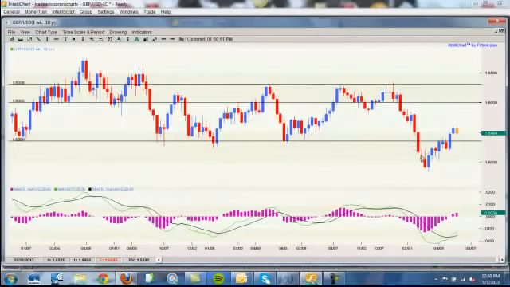Now recently, each one of these candles represents a week. The red candles represent that the week was down. The blue candles represent the week was up. So for the past 2 months, the market has turned around, and we are seeing an uptrend back on the pound dollar.